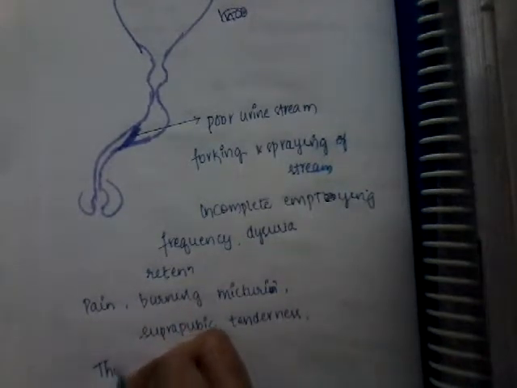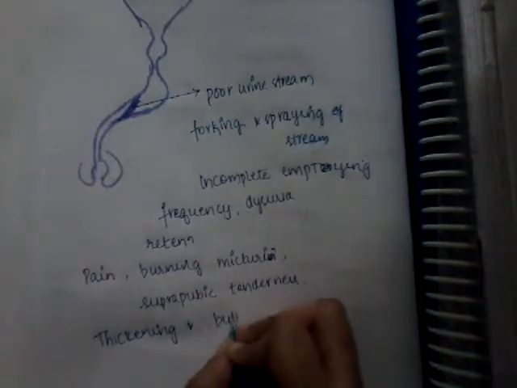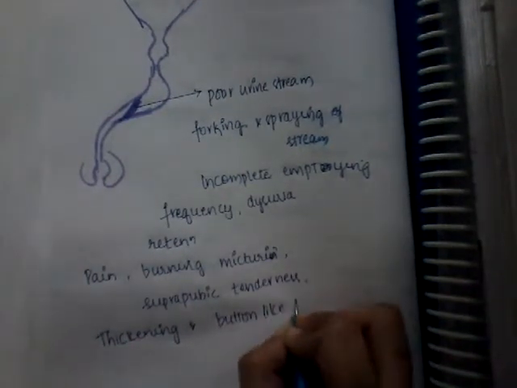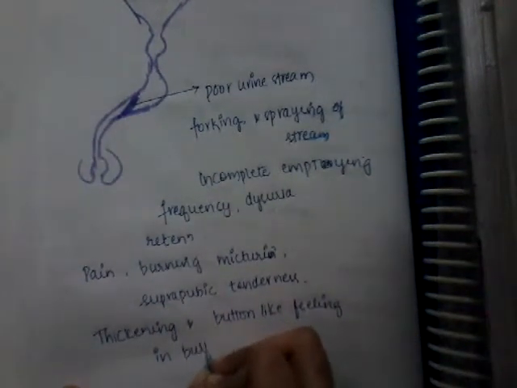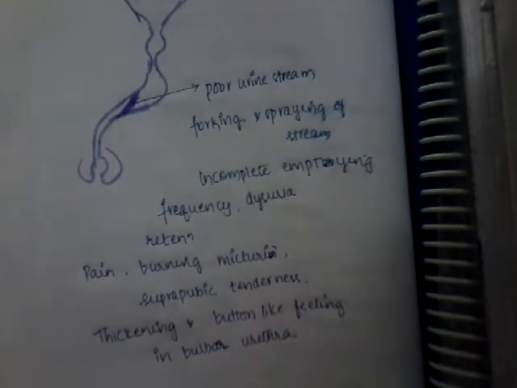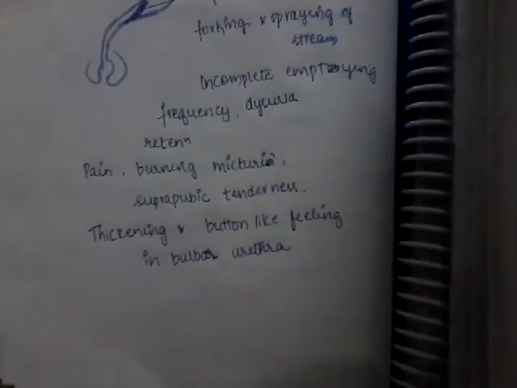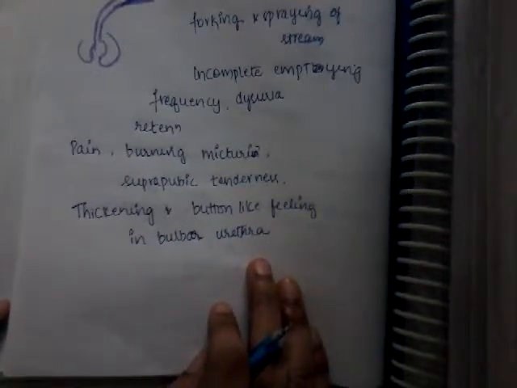There is thickening and a button-like feeling in the bulbar urethra. So these are the major clinical features which are seen in stricture urethra.